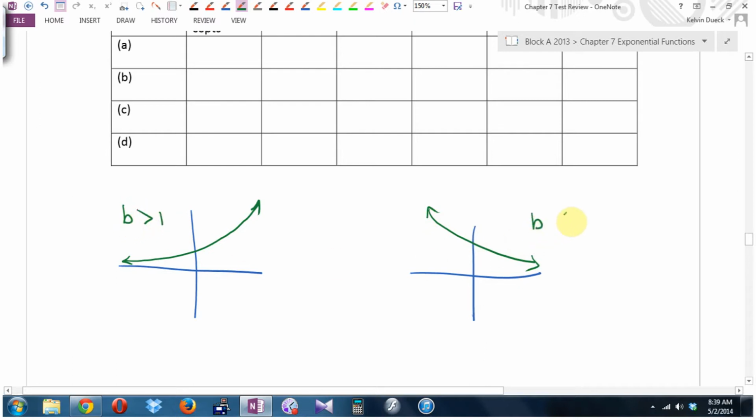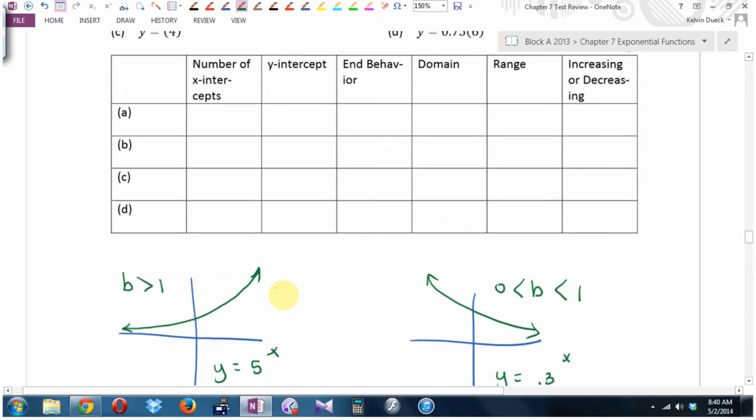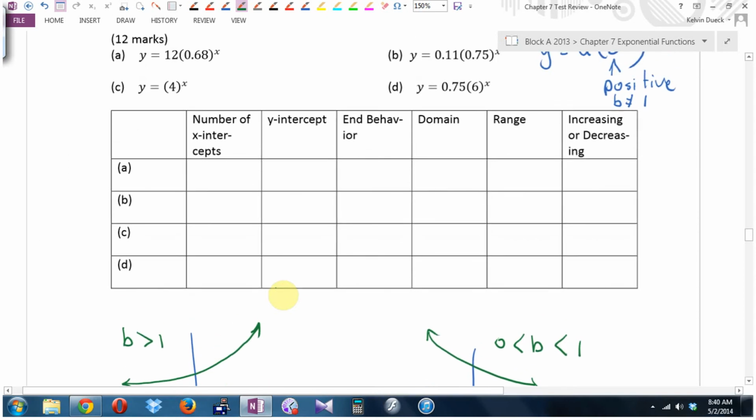This is when b is less than 1, but also bigger than 0, because I said the base has to be positive. As an example, this would be y equals 0.3 to the x, maybe. This could be something like y equals 5 to the x. So now that I know that, let's see if I can answer this.